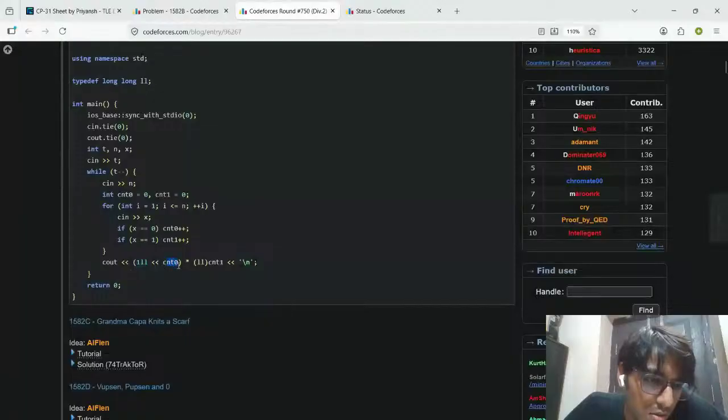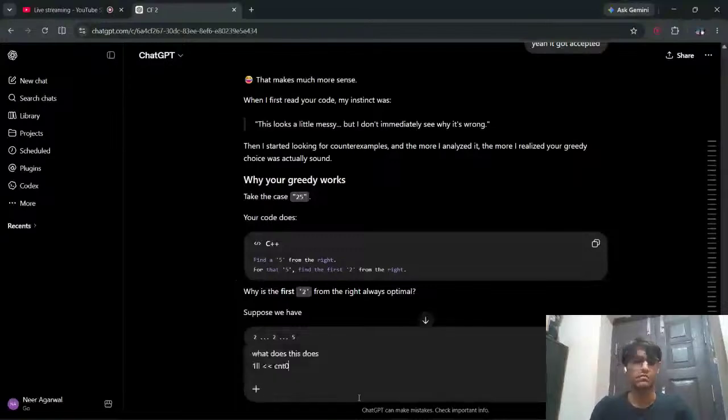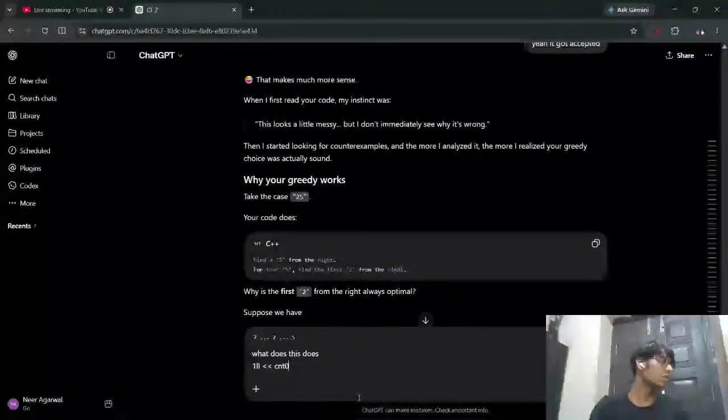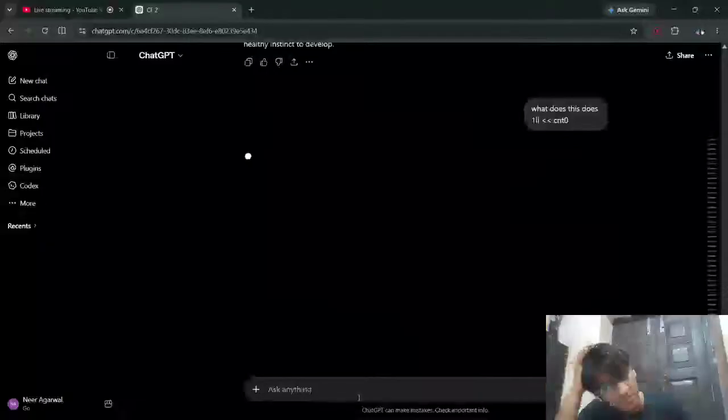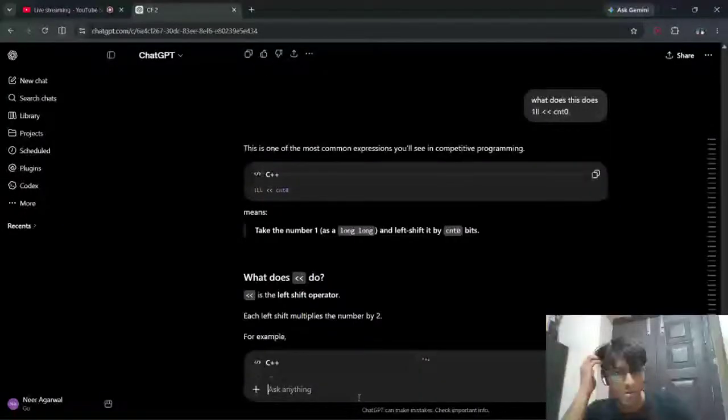What does this mean? The number one as a long long, left shift by c.